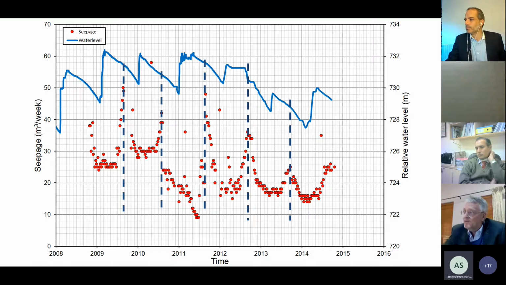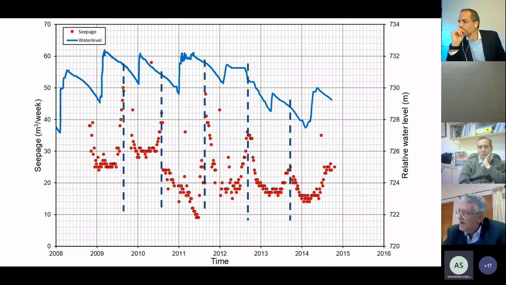In this case, it's pretty obvious the upstream side opens up, and we get a lot more seepage during that last period of maximum downstream movement of the dam.